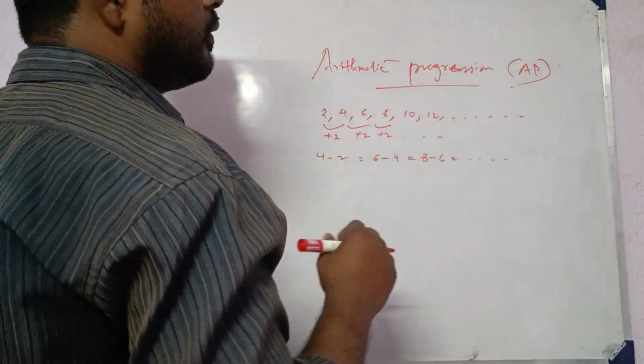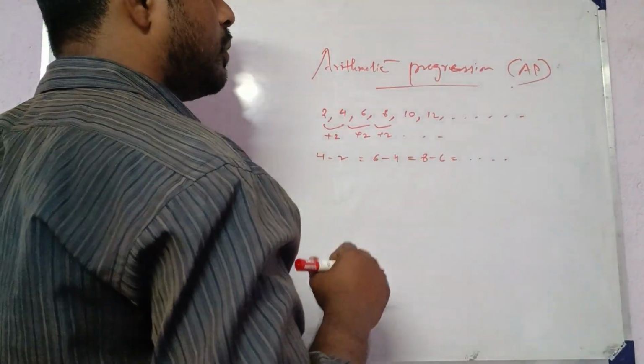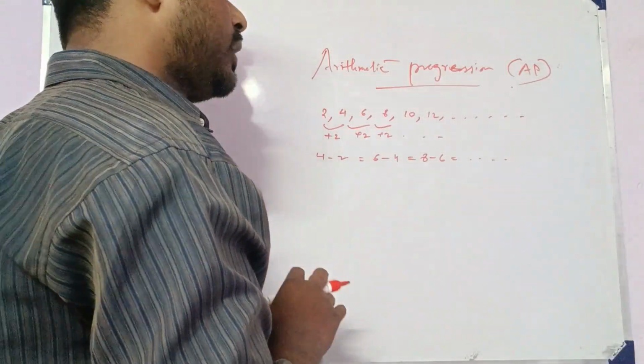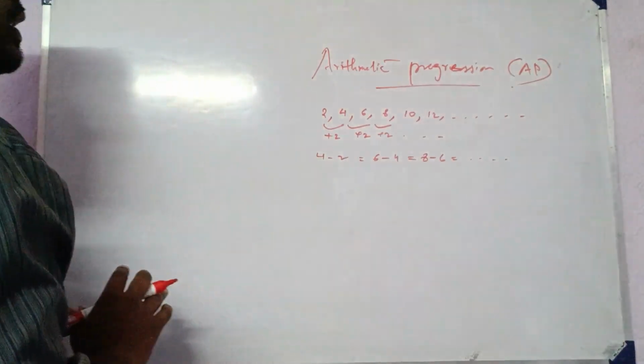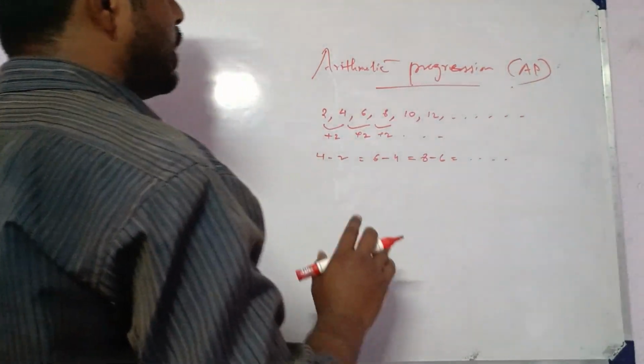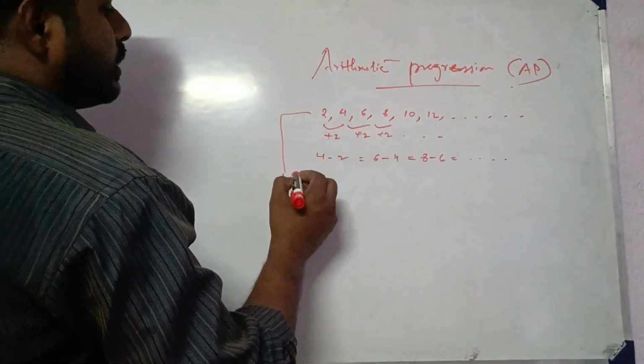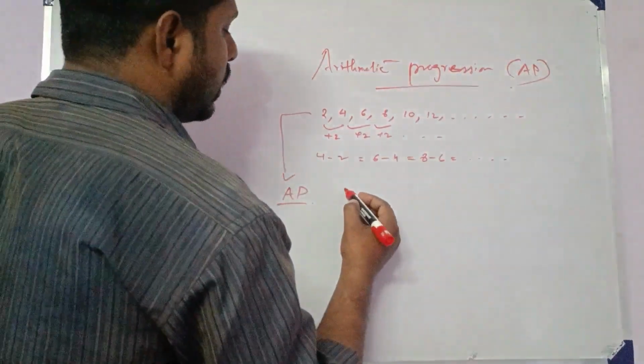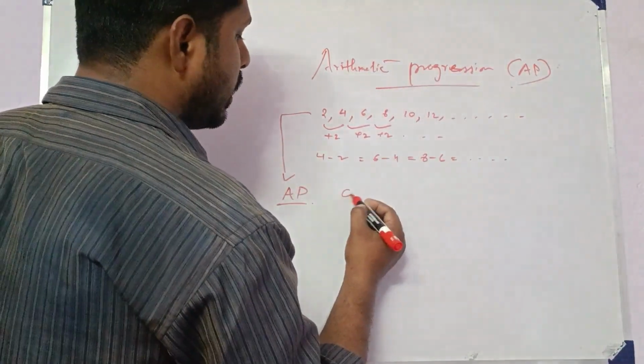When the difference between two successive numbers in a sequence is equal, then this sequence is called AP, arithmetic progression.